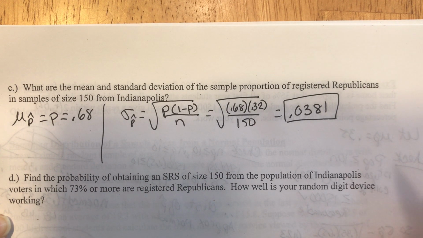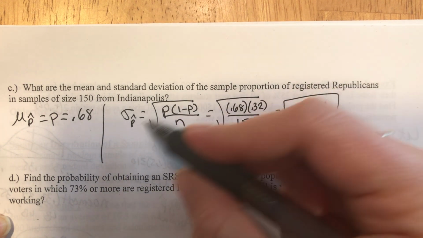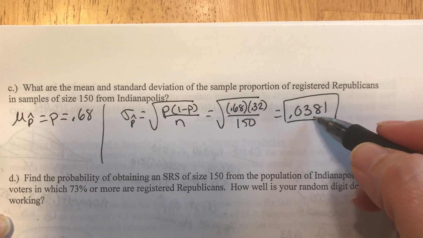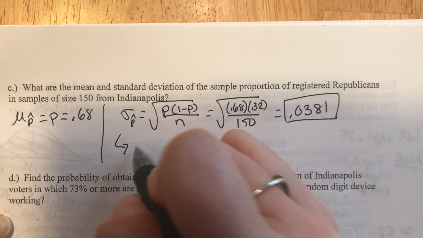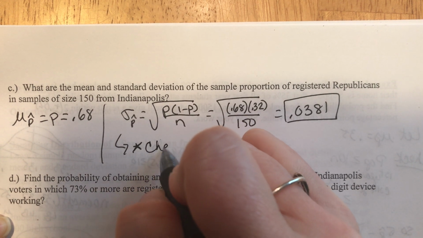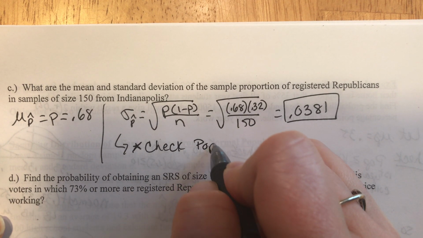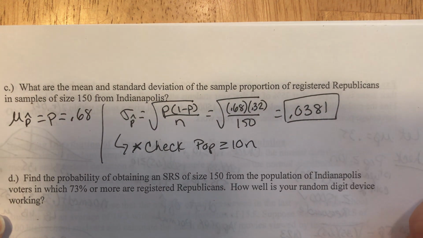All right, now, here's the key. In order to use the standard deviation formula, we have to check, is the population at least 10 times the sample size?